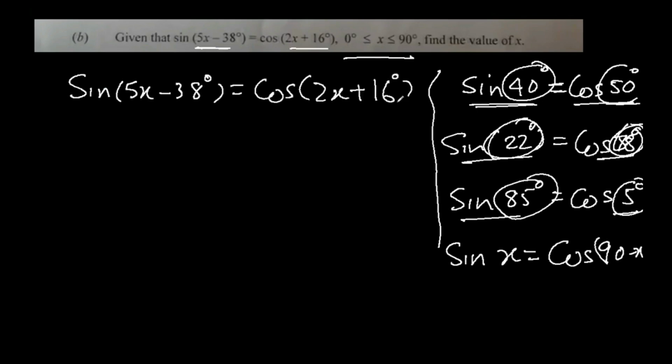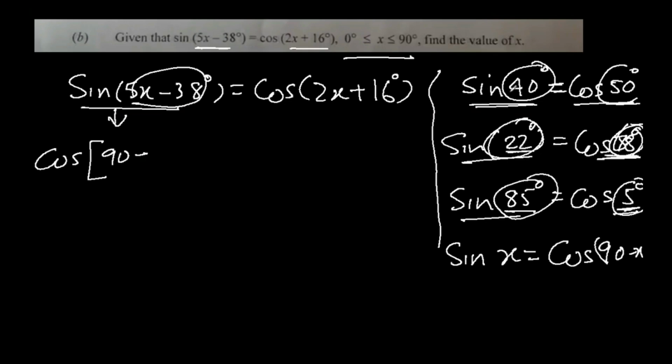So let's convert this to cos. So if I convert this to cos, it will be cos 90 minus this angle, whatever angle is there. Just like here it was 85 subtracted from 90, we got 5. 22 subtracted from 90, we got 68. And similarly, 40 subtracted from 90 got 50. So x subtracted from 90 got 90 minus x.